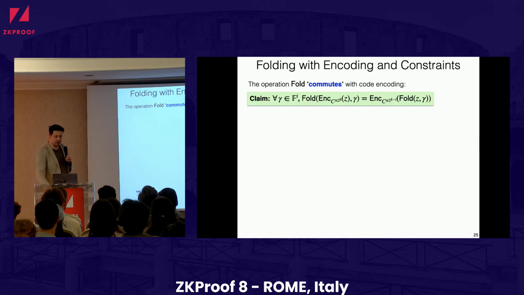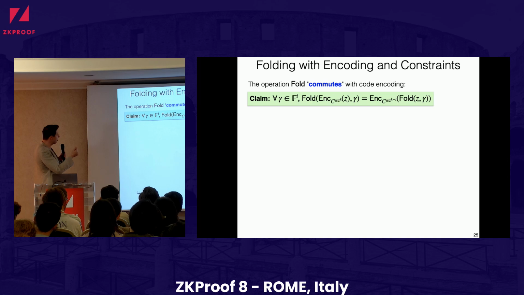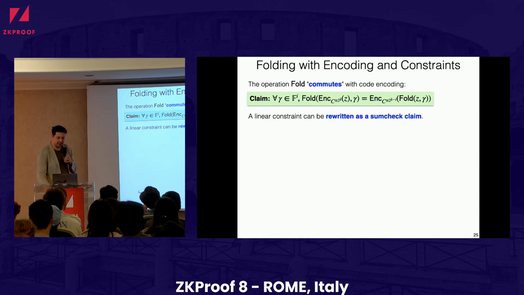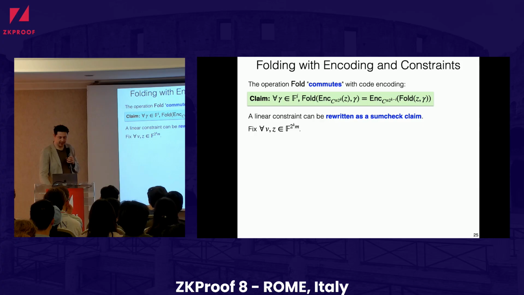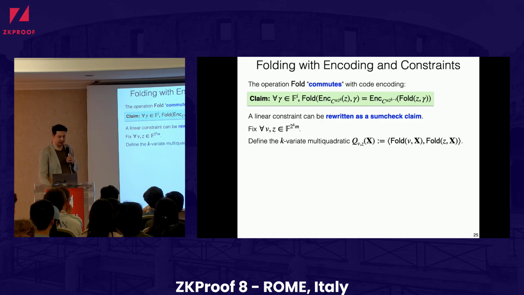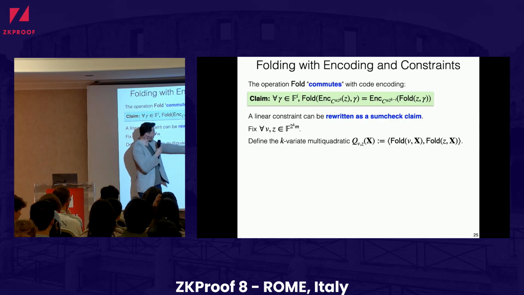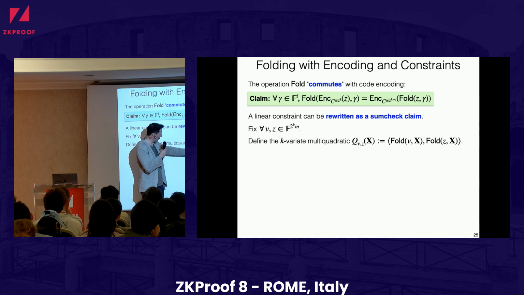The first is that it commutes with code encoding. I can fold an interleaved code, or fold first and then interleave less, and either way I get the same thing. That's nice. Another property is that it interacts nicely with constraints. You give me a target vector and a message z, and I can define this multi-quadratic polynomial q, with a coefficient vector and message.